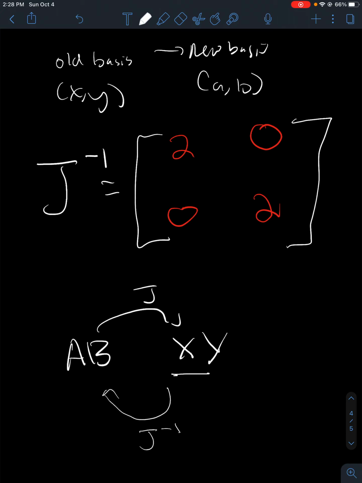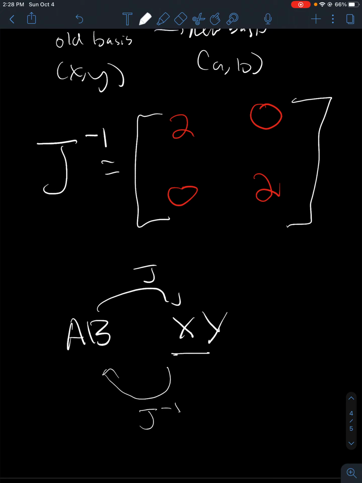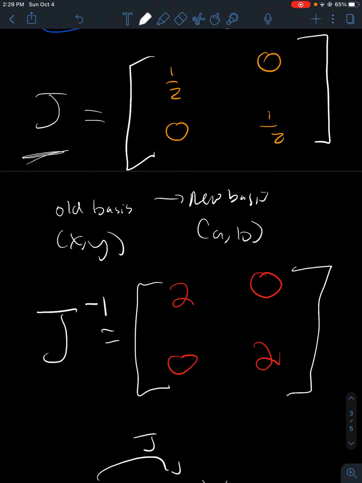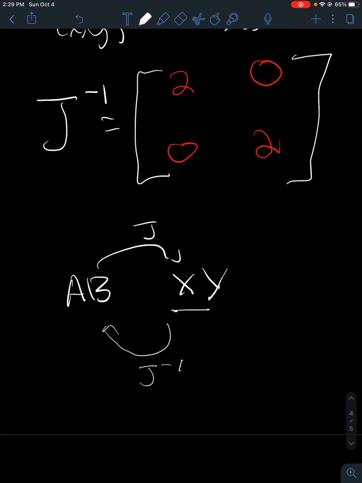If we define AB as the old basis and xy as the new basis, then this would be the Jacobian, and this would be the inverse Jacobian. But we are just going to define xy as our original system. So these are just forward and backward transformations.